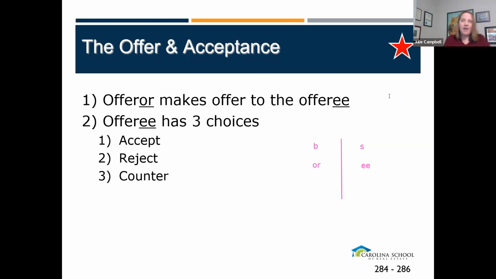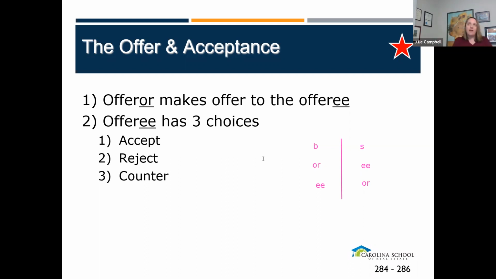Or they can counter offer it. A counter offer is a rejection. It's a rejection with a but. What the seller is telling the buyer when they counter is that I'm good with all the terms that you presented me, except the purchase price. I'm good with everything else, just not the purchase price.